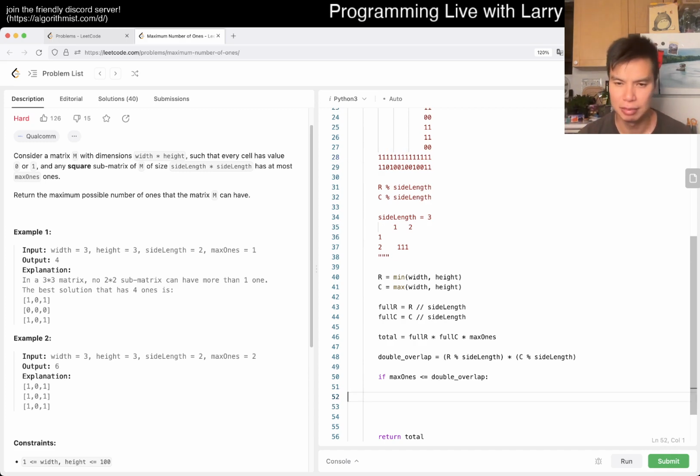Well, it's just full C times full R, or full R times full C, times max ones. And then because we have double overlap, this is this minus 1, maybe this minus 1. Right, and that should be good. Just add an extra parens.